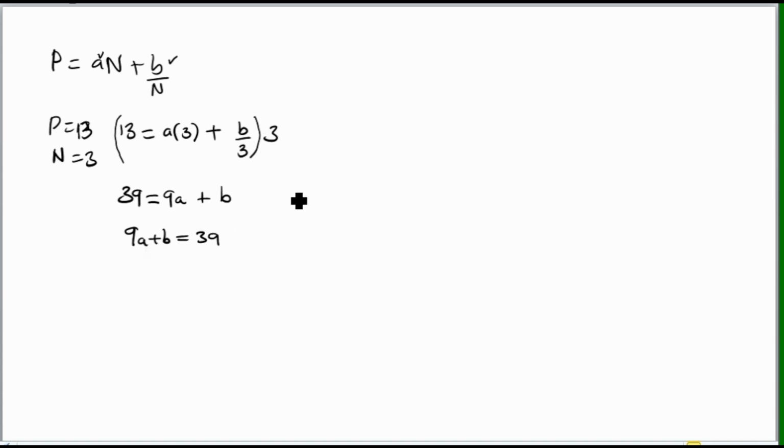The question continues by saying P is 12 when N is 2. So P is 12 when N is 2. Again, substituting, I shall have 12 equals A into 2 plus B over 2.